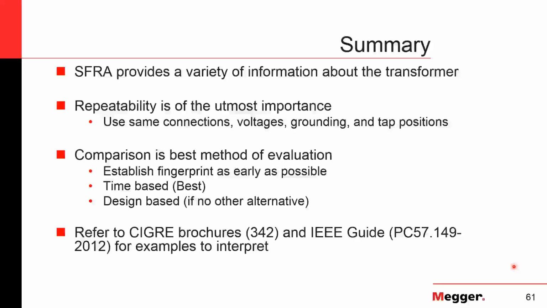So later on, if there is a fault or suspected fault, when you do the new test, you're doing a time-based comparison and you have a known reference for that particular transformer and you're overlaying the other one and you want them to line up. If not, you'll have to look at a design-based test or a sister comparison, something like that.